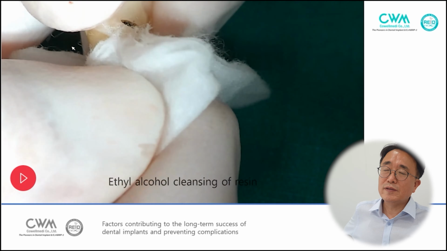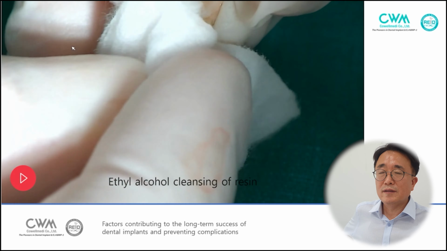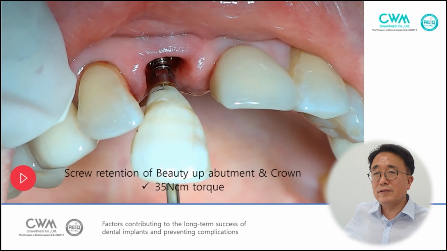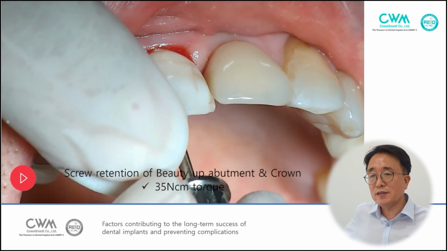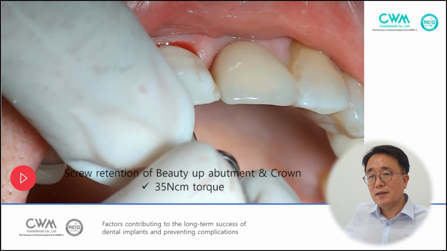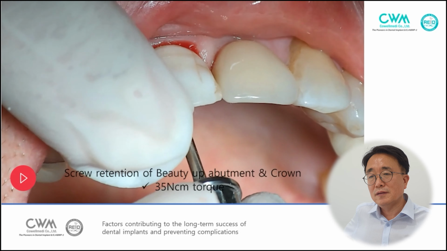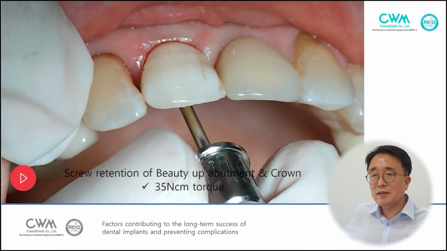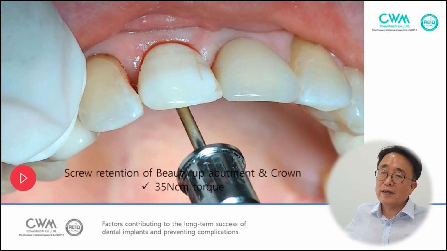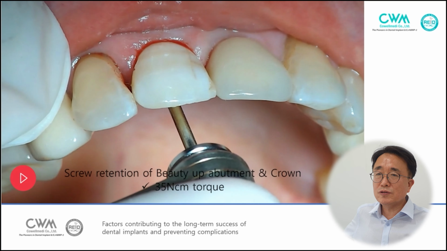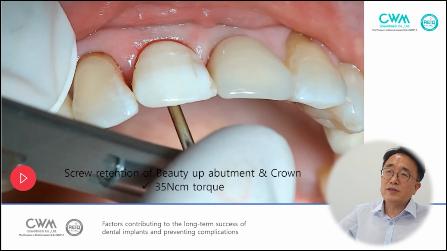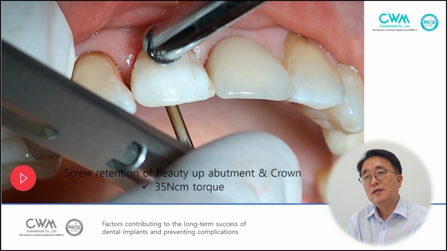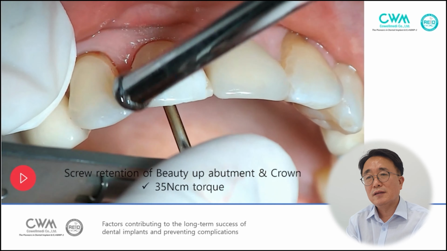This unreacted resin is removed with an alcohol sponge, and then the abutment is tightened with 35 Newton centimeter torque. So we can preserve gingival contour in the extraction socket.